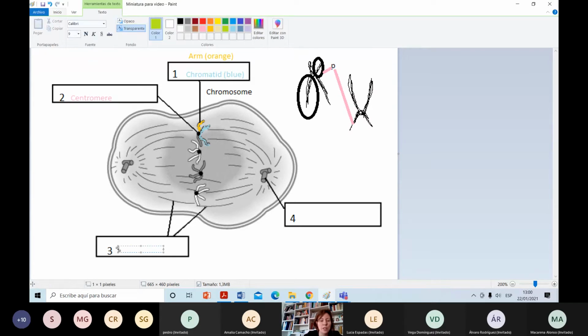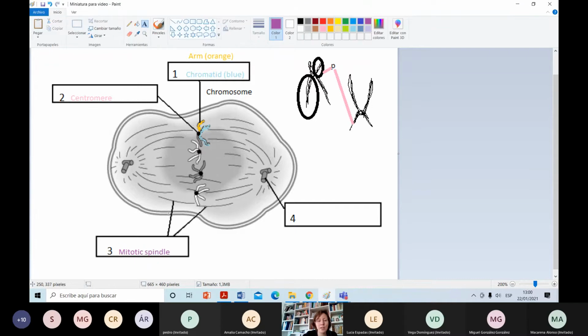What is your term for this one? What would you say for this one? The mitotic spindle. You can either say that this is the mitotic spindle, or you might think that I was referring to just these fibers, not the whole spindle.